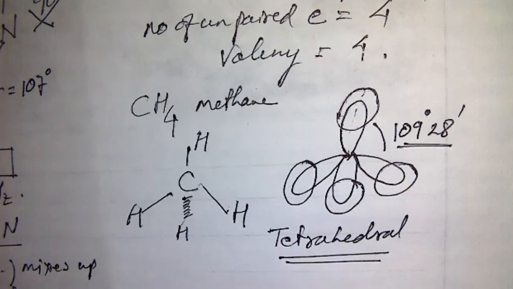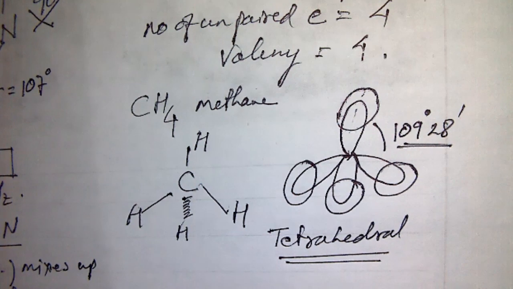So that's what we said. Whenever a particular hybridization takes place, it gives a particular geometry to the molecule. So here sp3 hybridization, whenever it is sp3, it will always be tetrahedral, and the angle will always be 109 degree 28 minutes.